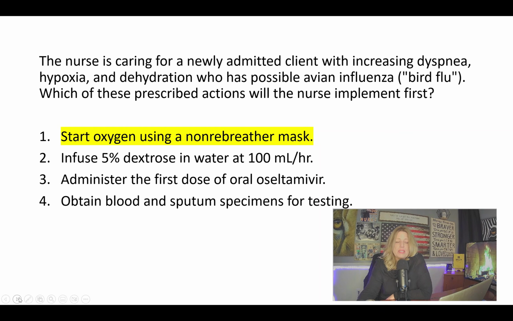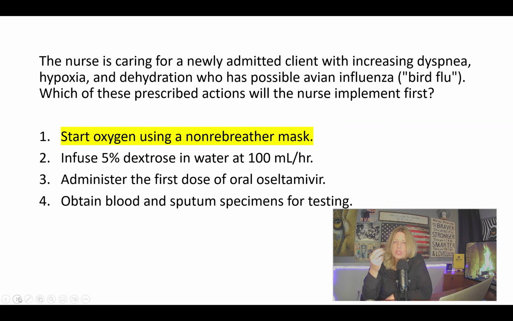So if I use my ABCs to prioritize between physiological problems, if I have two physiological problems, I go, well, which one do I do first? Well, I use my ABCs, so I'm going to do oxygen. However, I would never use D5 water to rehydrate. I would only ever use normal saline to rehydrate. So I wouldn't pick two anyway.